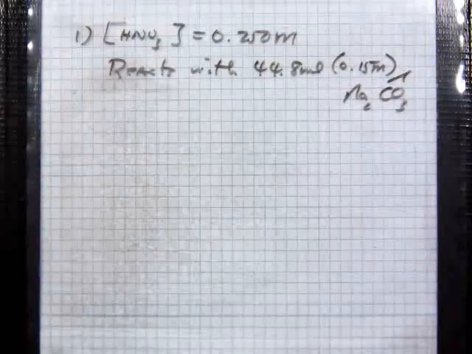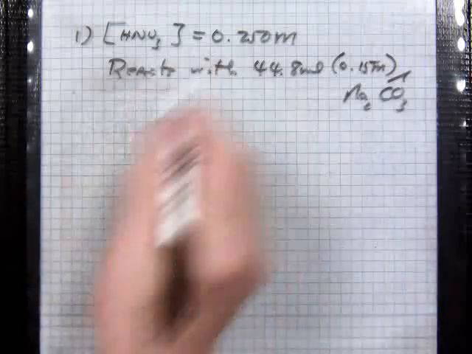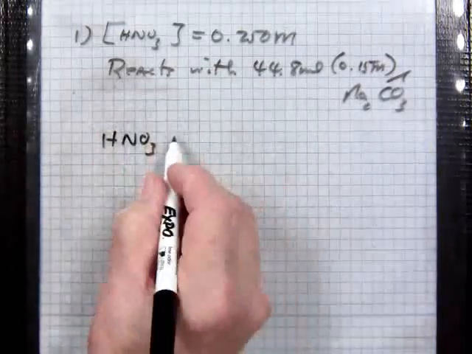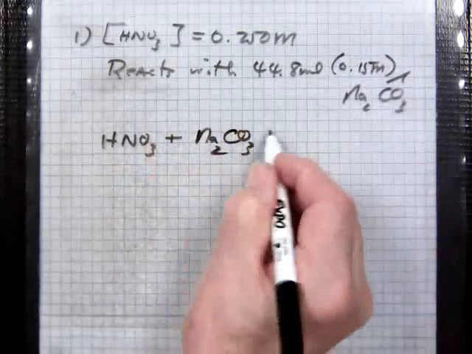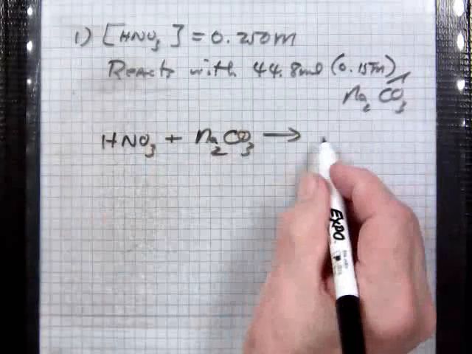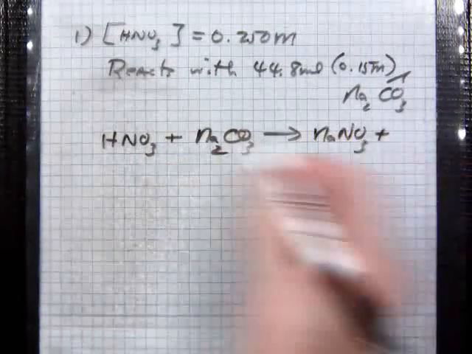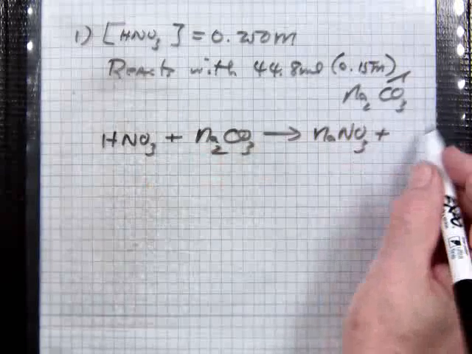Okay, well, one of the exercises in chemistry is being able to write the metathesis reaction from the problem. So here we have a nitric acid right here, plus the sodium carbonate right here as a double replacement going to sodium nitrate, plus the carbonic acid.